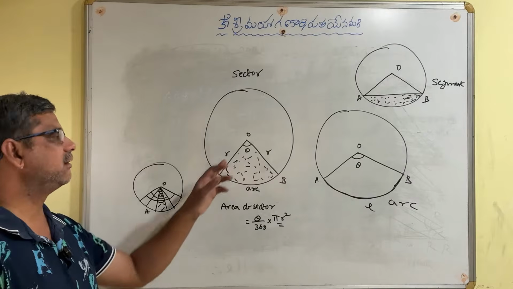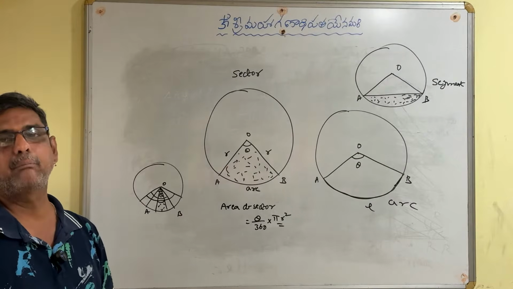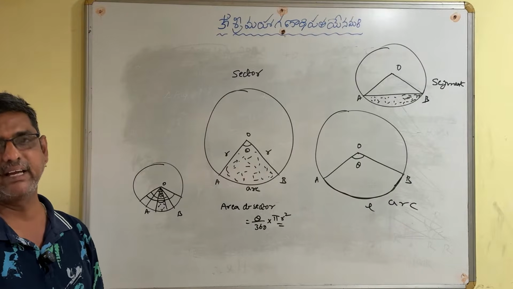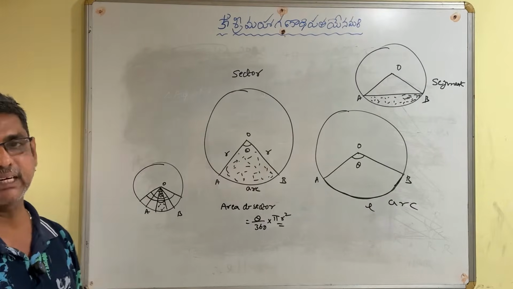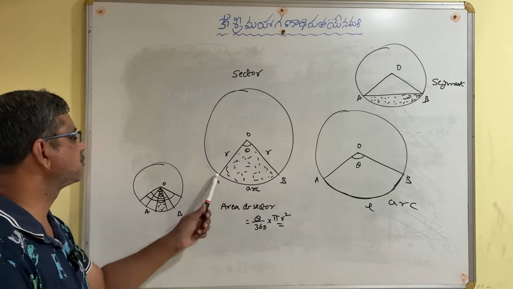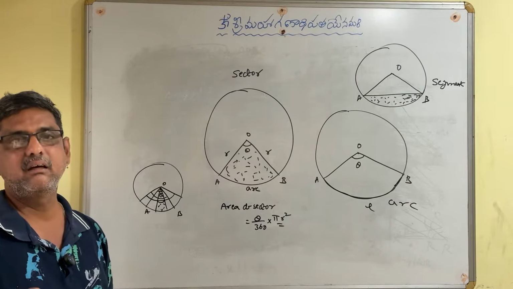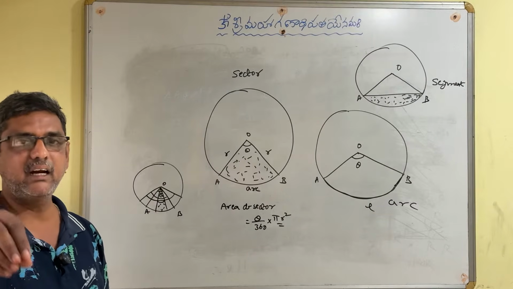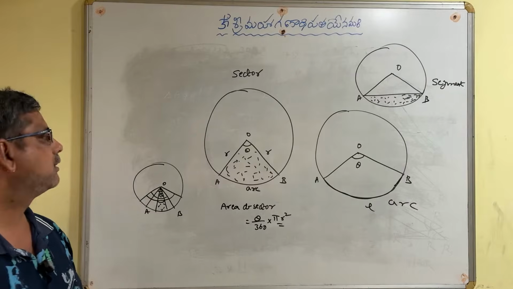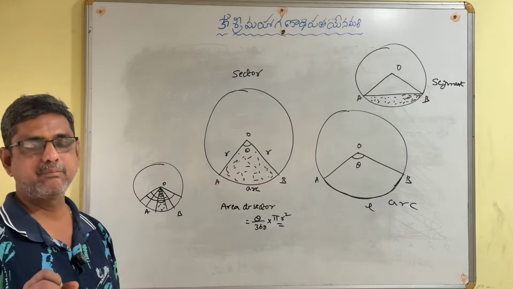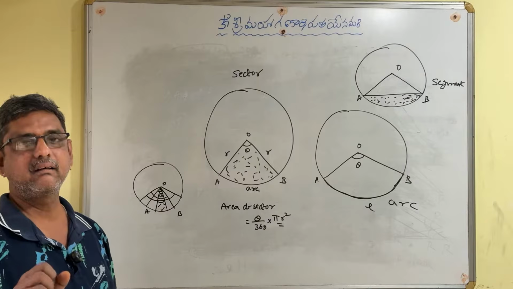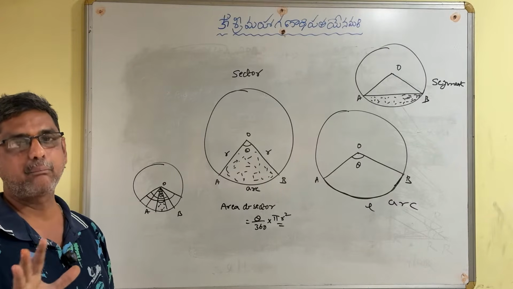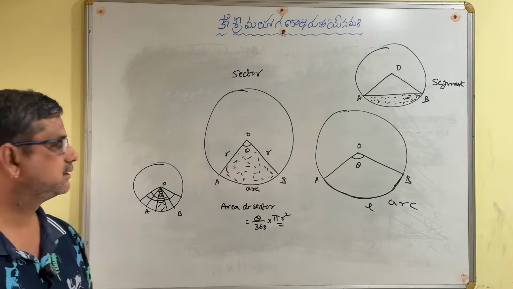Proportionally, area of sector increases as well as it decreases. Not only area of sector, the arc length also increases if the sector angle increases, and it decreases when the sector angle decreases. So the angle of sector, the area of sector and the length of the arc, these three components are proportional.